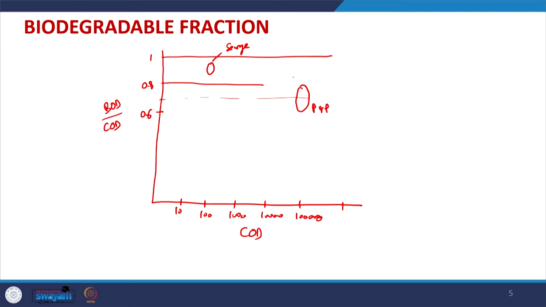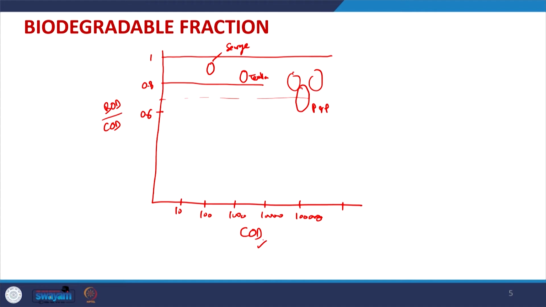Similarly, we may have a similar range for distilleries, sometimes higher, sometimes it may be on this side or maybe lower. For textile water it will be coming down, it may be a little higher. This way we can estimate and have an idea of the use of the BOD to COD fraction as well as the total COD value.